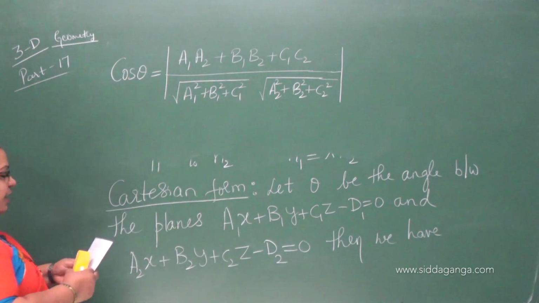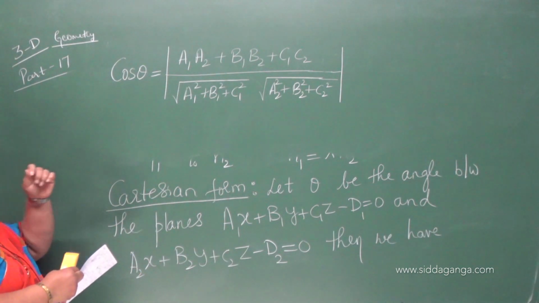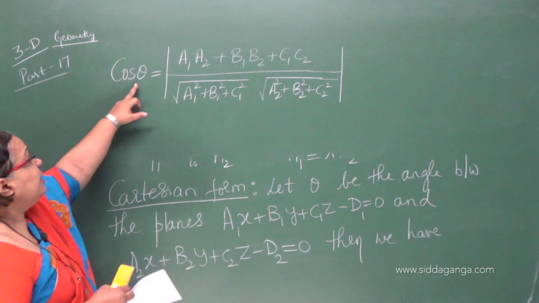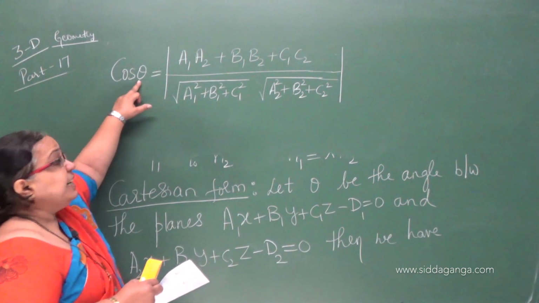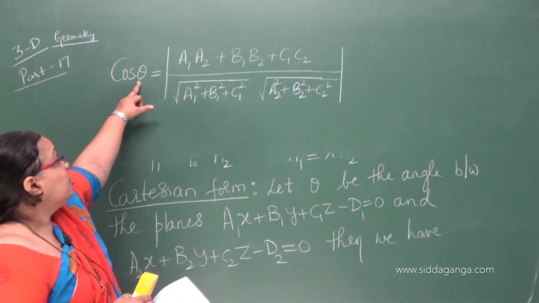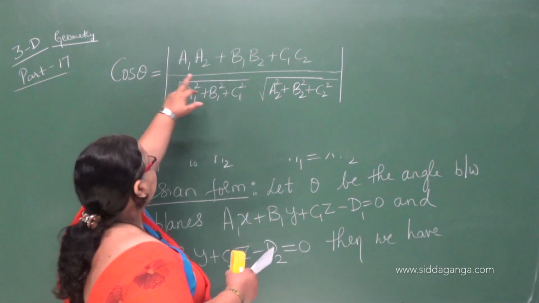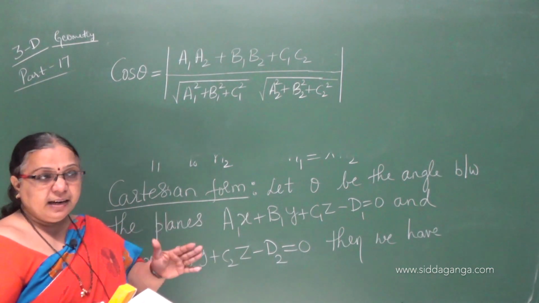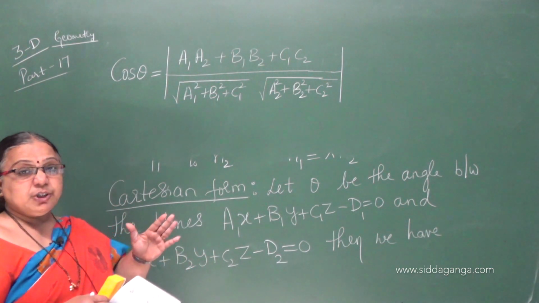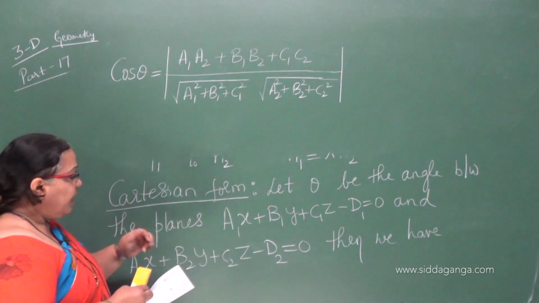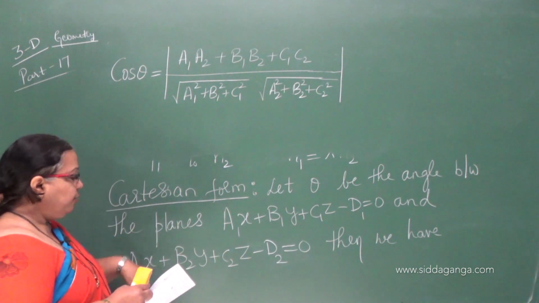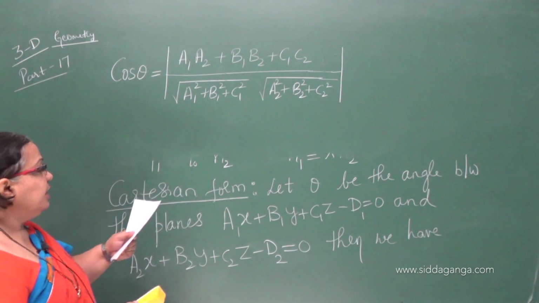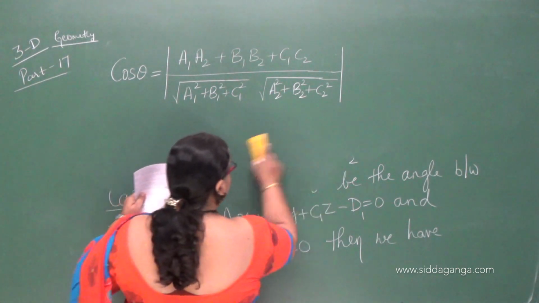So now, for parallel and perpendicular: if the two planes are perpendicular, then theta equal to 90 degrees, and cos 90 degrees is 0. So 0 equals the fraction, and on cross multiplying, only the numerator remains. If the two planes are parallel, then the direction ratios of the normal vectors a1 b1 c1 and a2 b2 c2 are proportional, and we write that as the condition. So write a note for this.